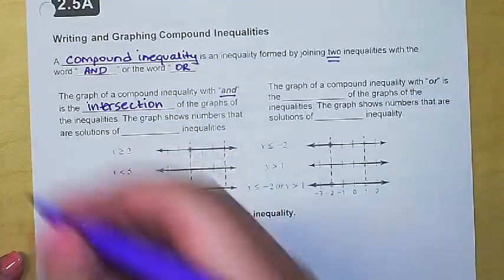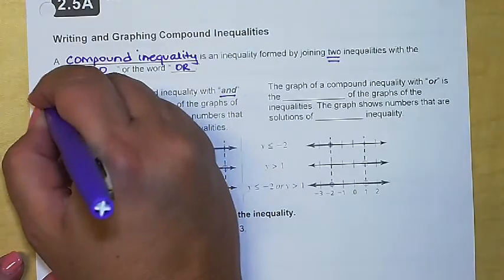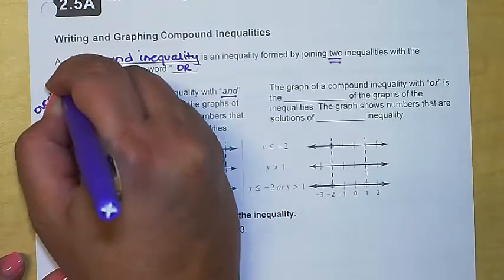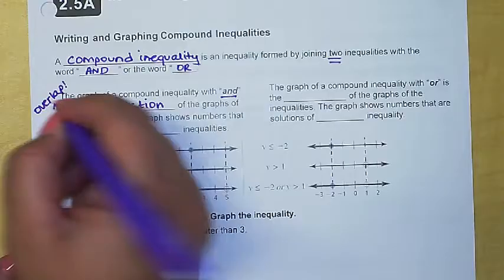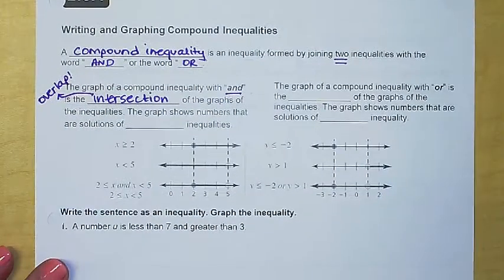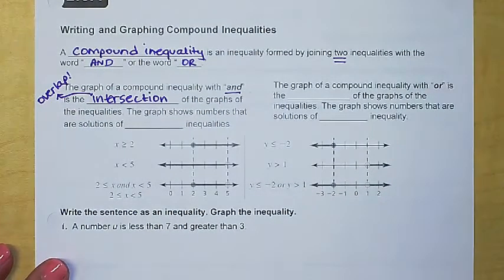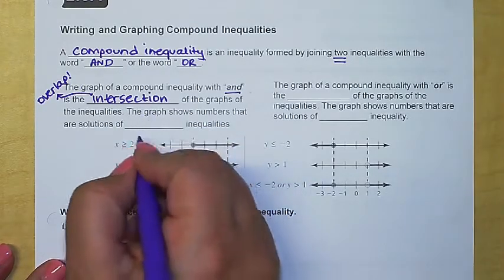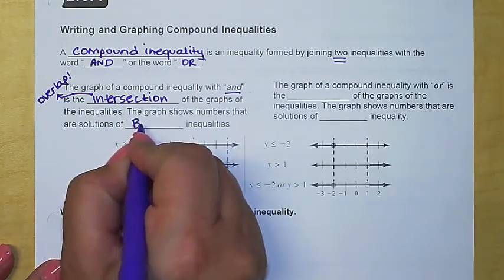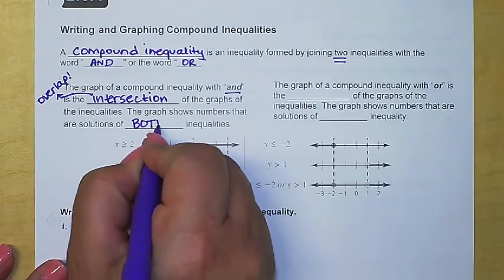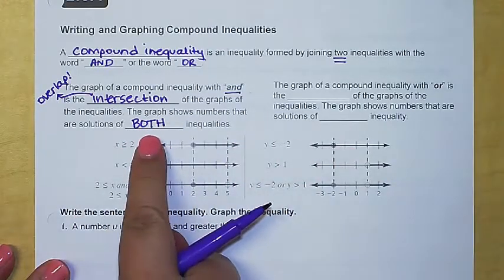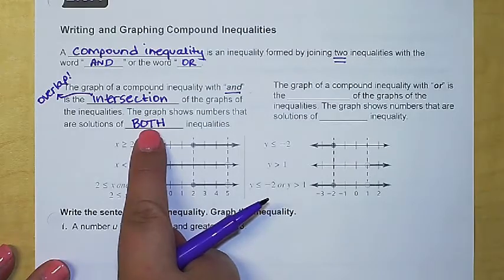So think about that as the overlap. Where do the two inequalities overlap? The graph shows the numbers that are solutions in both. So when it's an and statement, we want our final solution to be only the section where both inequalities are true.